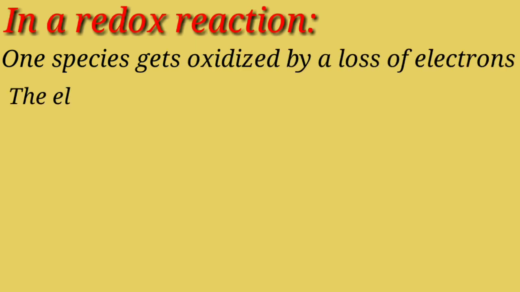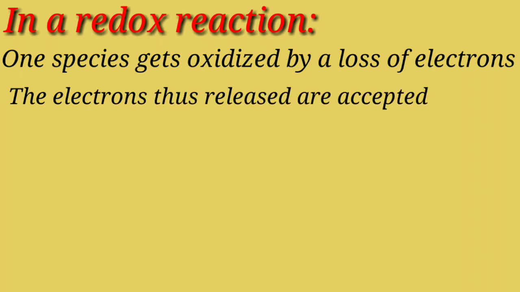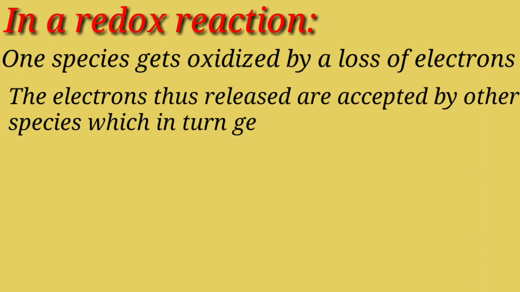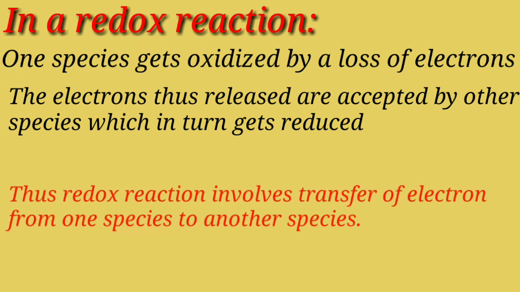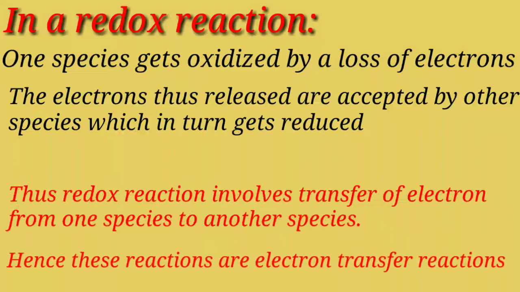The electrons thus released are accepted by other species, which in turn gets reduced. Thus, redox reactions involve transfer of electrons from one species to other species. Hence, these reactions are electron transfer reactions.